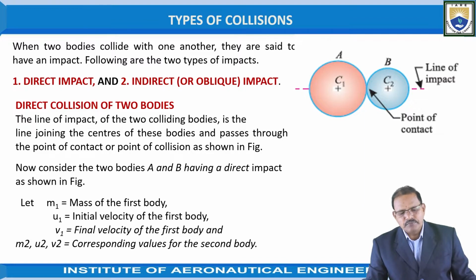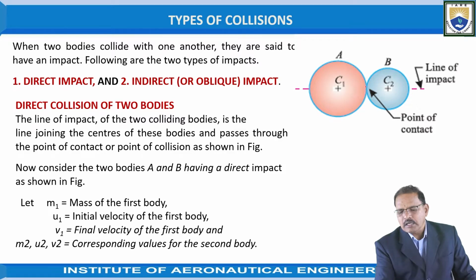Types of collisions. Broadly, the collision of two bodies takes place in two types. One is direct impact, the second is indirect impact, sometimes also called oblique impact. Direct impact means the line passing through the two centers C1 and C2 of the colliding bodies also passes through the point of impact.